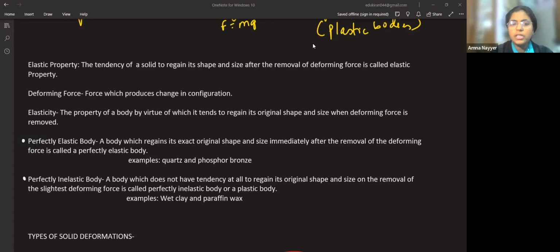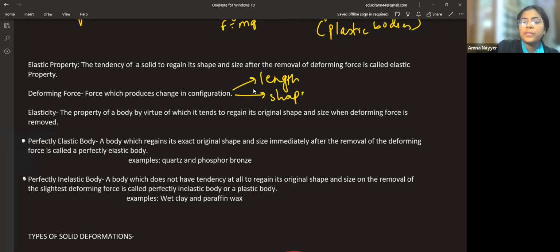Configuration can be anything: it can be a change in length, shape, or volume. Elasticity is the property of a body by virtue of which it tends to regain its original shape and size when the deforming force is removed.